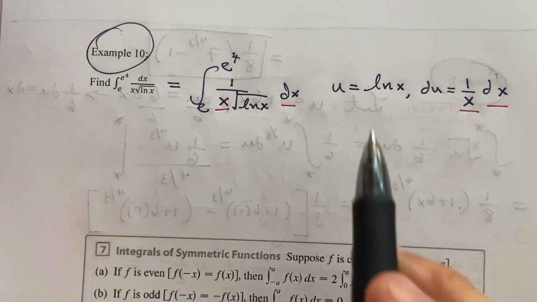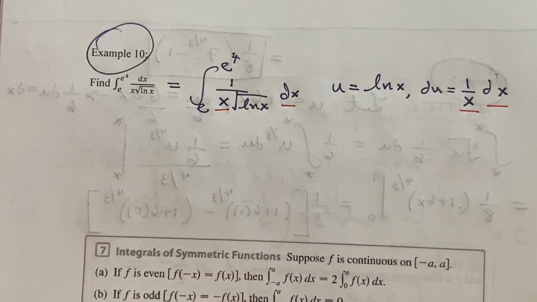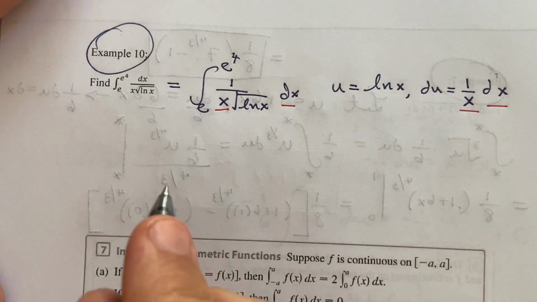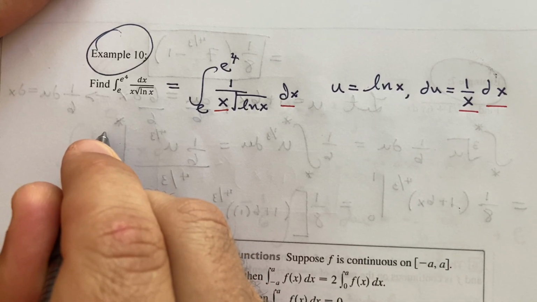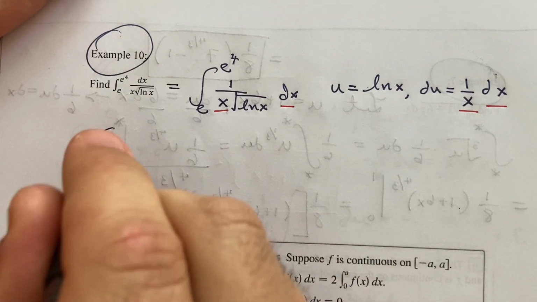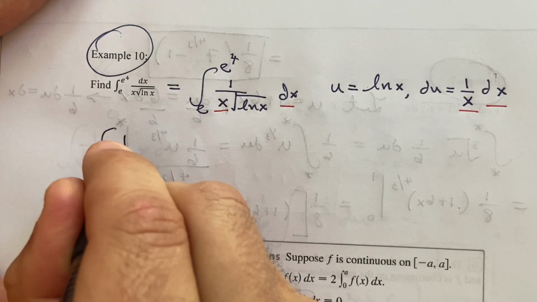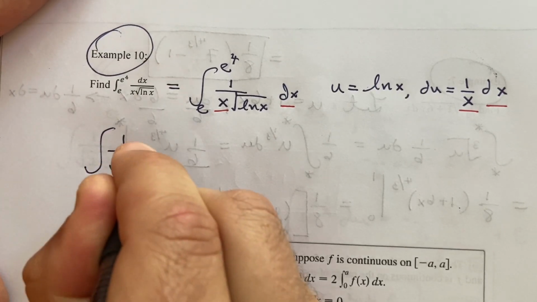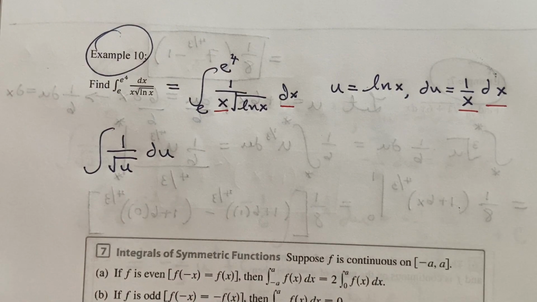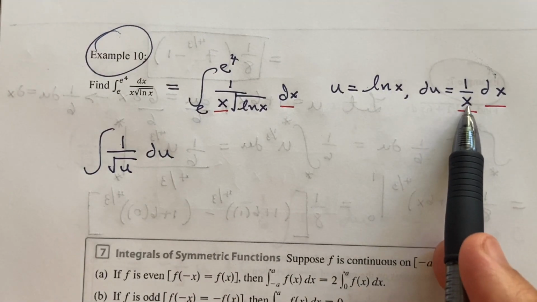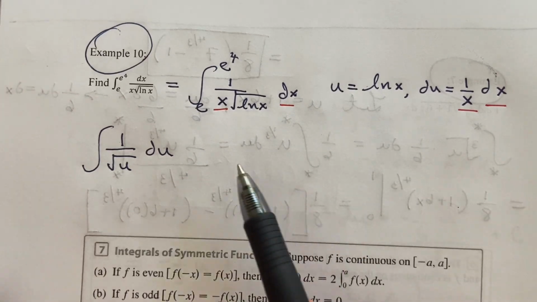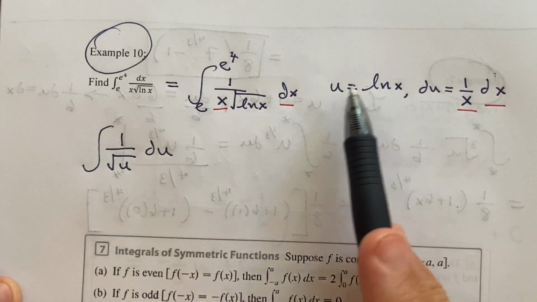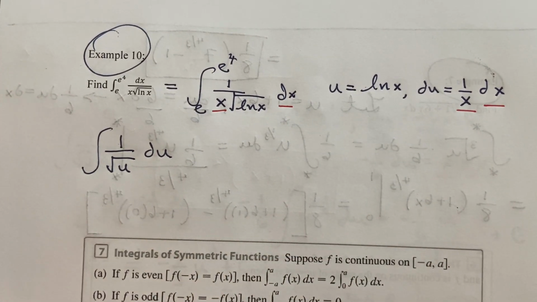So this can all be substituted out without any kind of counter adjustment. So I can rewrite this integral as 1 over the square root of u du, right? Because literally 1 over x dx is du. Here's 1 over x dx, here's ln of x, right? All this stuff gets substituted out.